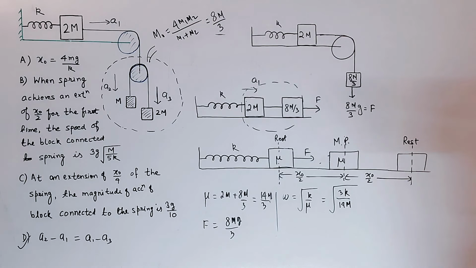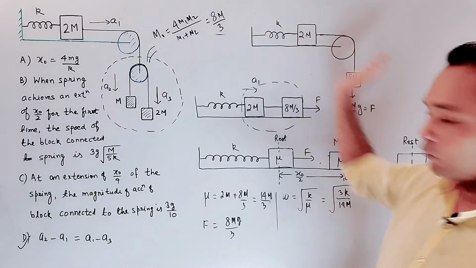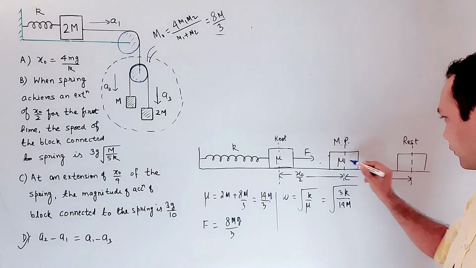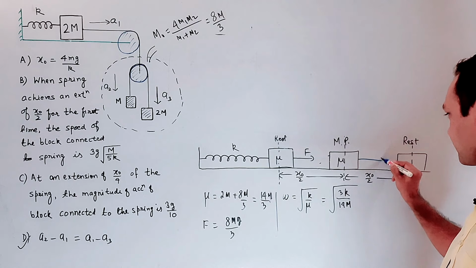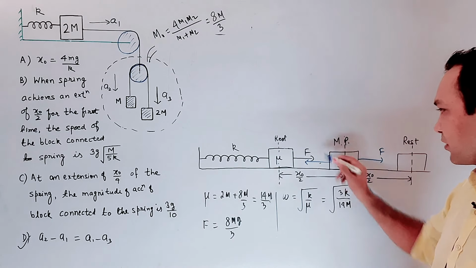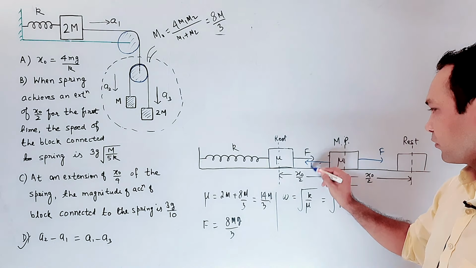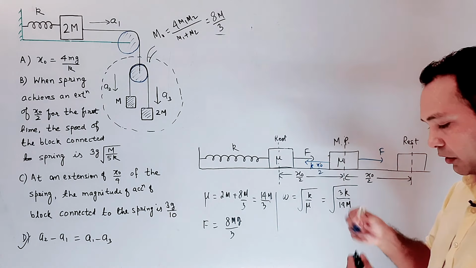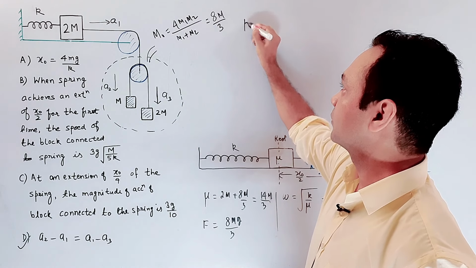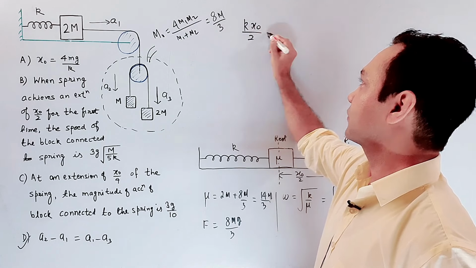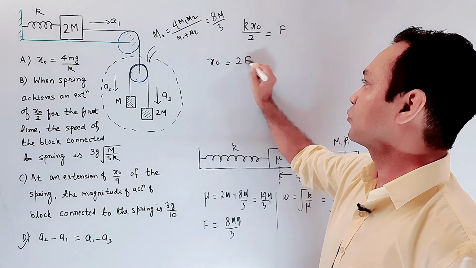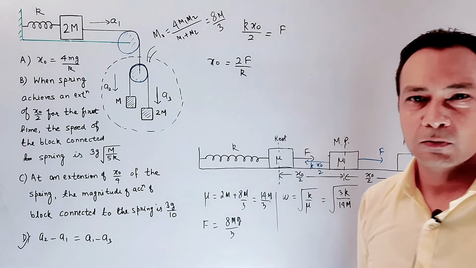I think the job of this thing is done. I should remove this part. So here at the mean position or the equilibrium position, this force is F, and the spring force is K into extension, that is K into x naught by 2. So kx naught by 2 is equal to F. So x naught is equal to 2F by K, and that is a direct formula also.